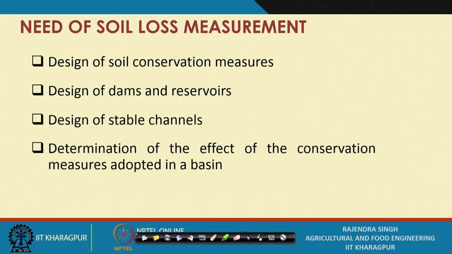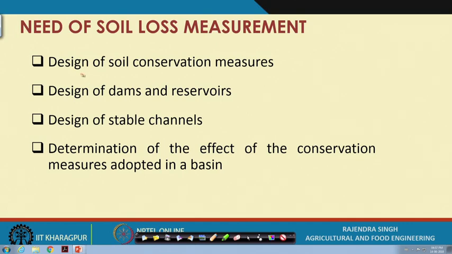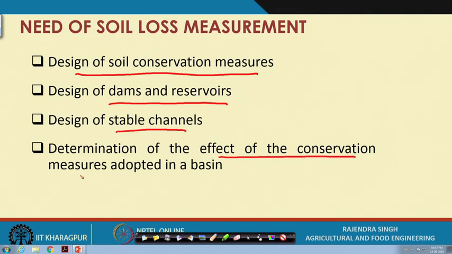Now, the question is, why do we need to measure soil loss? That is an important question. We need to measure soil loss because it is helpful in the design of soil conservation measures. It is helpful in the design of dams and reservoirs. It helps us in designing stable channels and also in determining the effect of the conservation measures adopted in a basin.